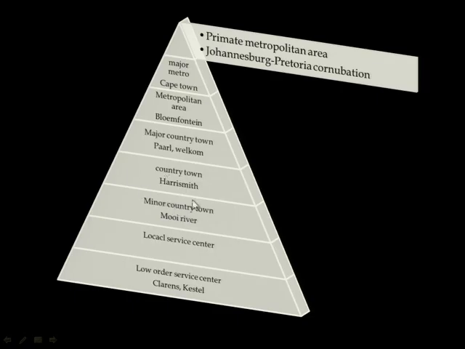There's country towns, there's Harrismith, and then there's major country towns. You have Welkom, and then there's metropolitan areas. Bloemfontein is a metropolitan area. It's a city. And then you have major metropolitan areas. There you have Cape Town, and the very big one, Johannesburg, Pretoria, conurbation.